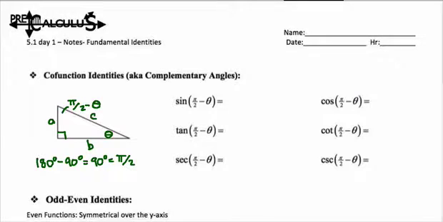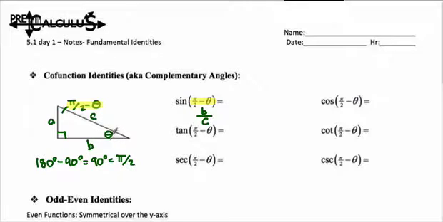So if you look at each of these, we're trying to find out what sine is of pi over 2 minus theta, right? So this right here. What is that sine? Well, sine would be opposite over hypotenuse. So we have b over c, and I'm actually going to write it down here. b over c is the same as the cosine of theta.